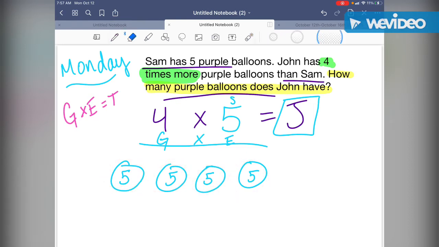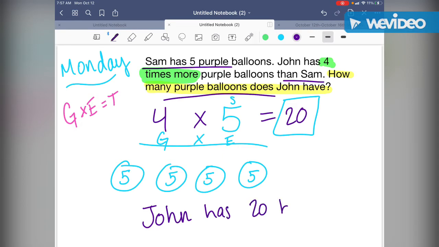How many balloons does John have? He has 20. So John has 20 balloons, which is 4 times the amount that Sam has.